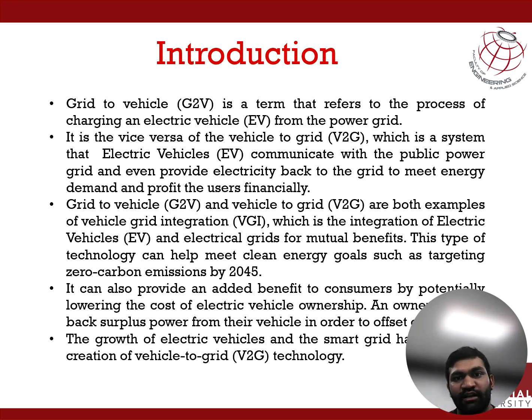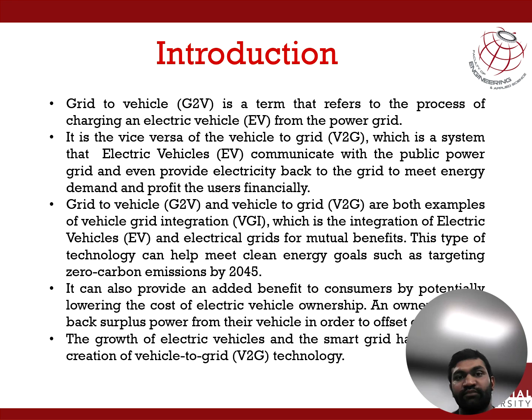Grid to vehicle and vehicle to grid are both examples of vehicle grid integration. So it's basically VGI, which is the integration of electrical vehicles and electrical grids for mutual benefits. This type of technology can help meet clean energy goals such as targeting zero carbon emission by 2045.